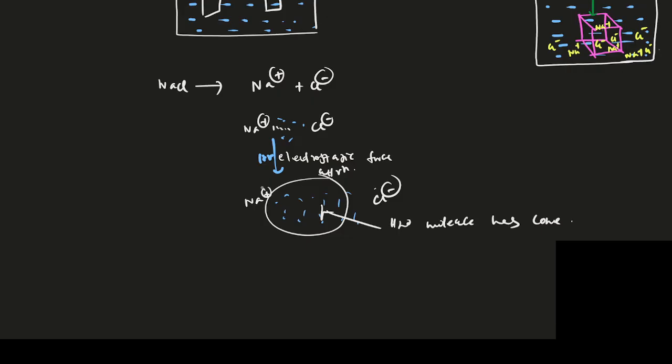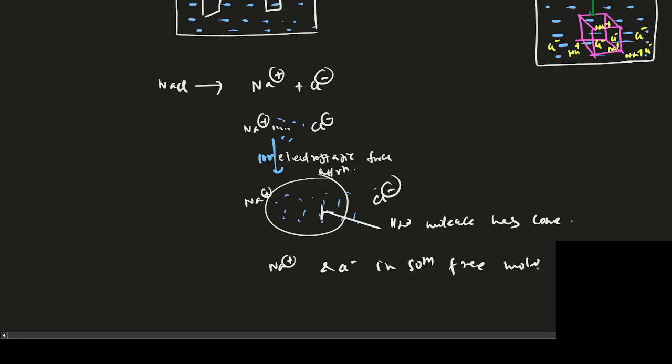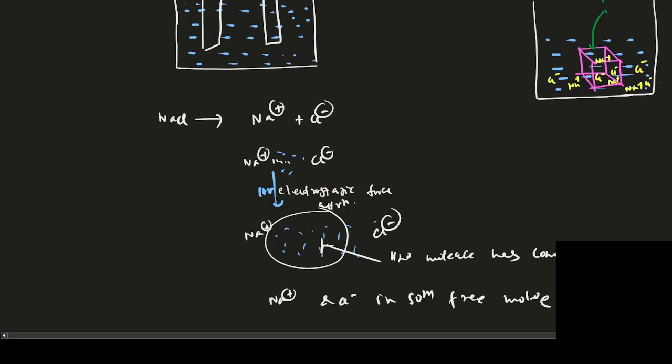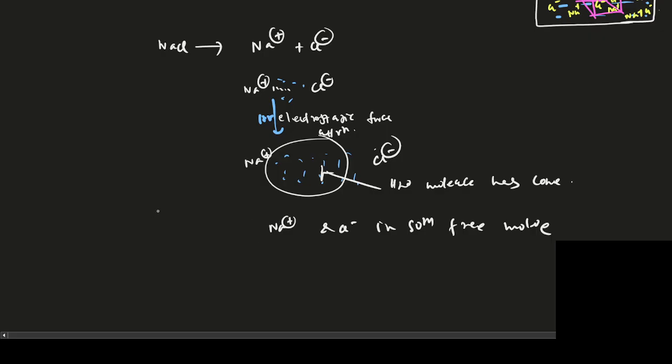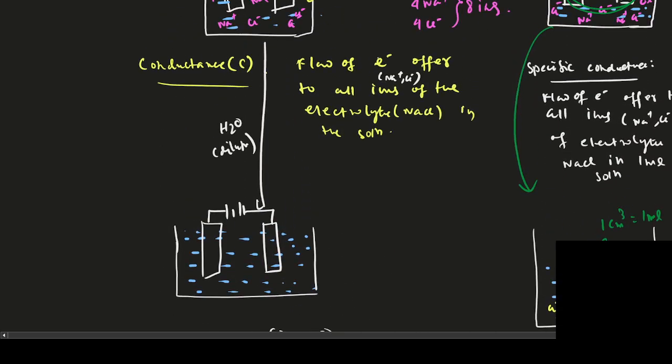If the attraction between these opposite charges decreases, then this Na plus and Cl minus in solution move freely. If they move freely, then the conductance will increase. Conductance means movement of ions, so conductance will increase.